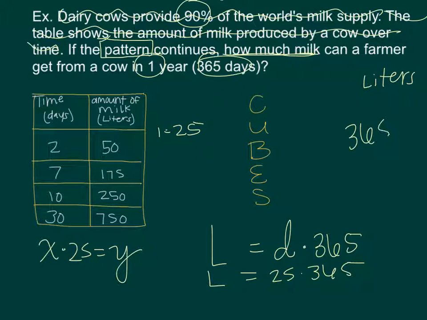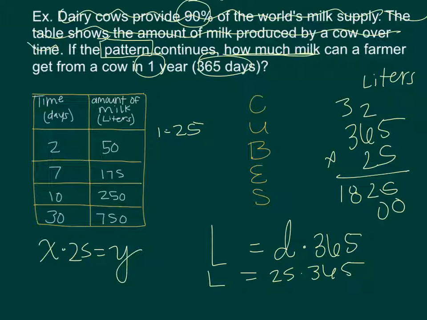So let's do 365 times 25. 5 times 5 is 25, carry the 2... Oh, check my math there. 9,125 liters. Sounds reasonable. It's bigger than the number of days.